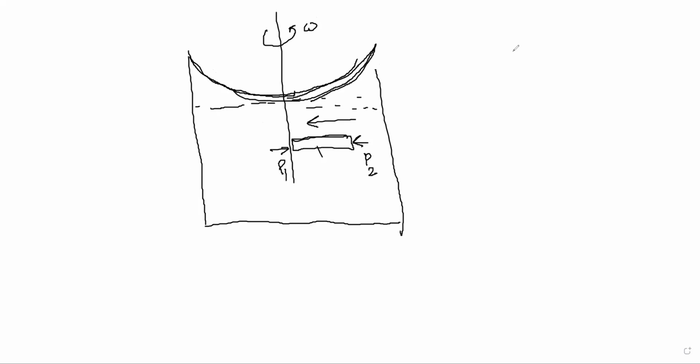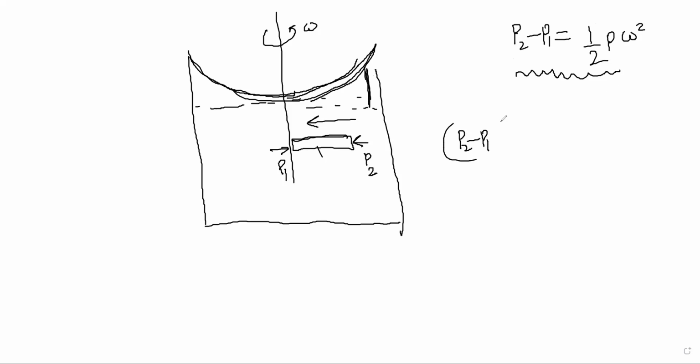You can find a relation between this height and this omega and all. It will come something like P2 minus P1 is equal to half rho omega square r or something. I don't remember, but it will come in the same exact way, right? What will you do? You'll do (P2 minus P1) into del S should be equal to M, whatever is the M, L omega square, correct?